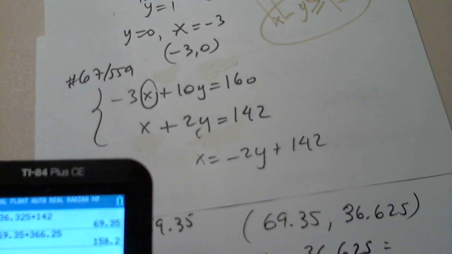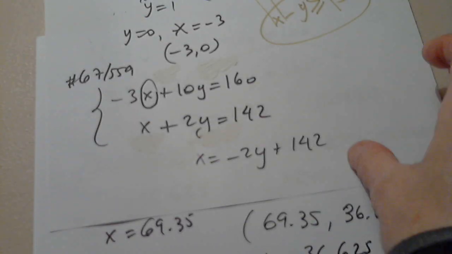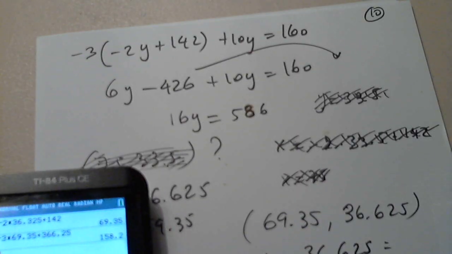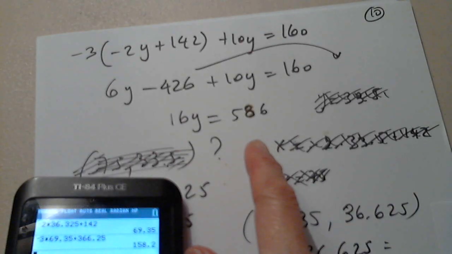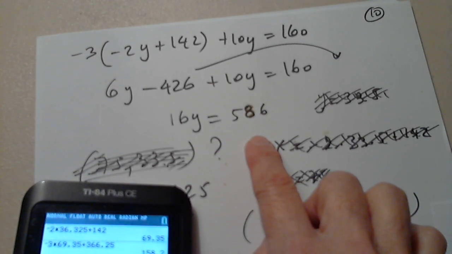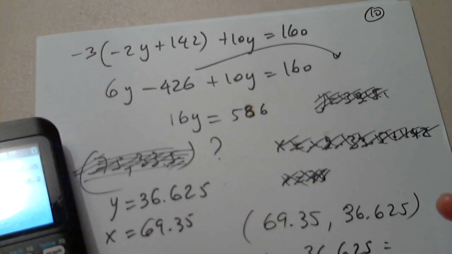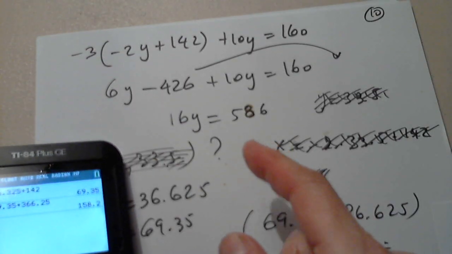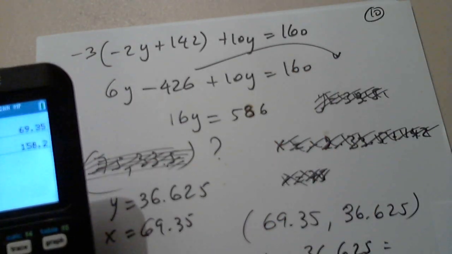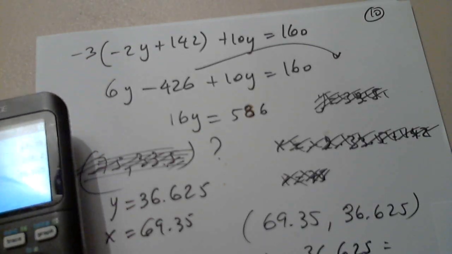I went back and did it again, and I got x equals 68.75, and when I checked it, it was correct. But it means that this is still incorrect. 586 divided by 16, that part is correct.